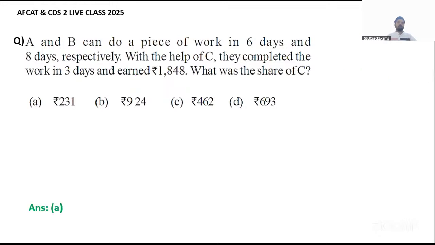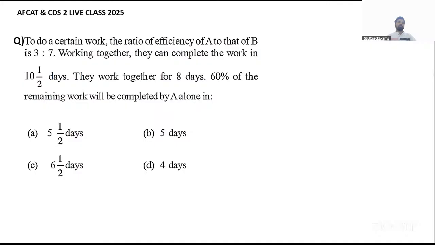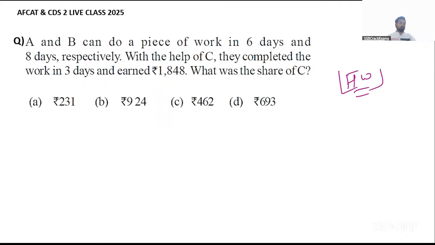Let me explain what you have to do in the question. A and B work in 6 days and 8 days. Suppose they are working on a certain work; we choose the work on the basis of their LCM.